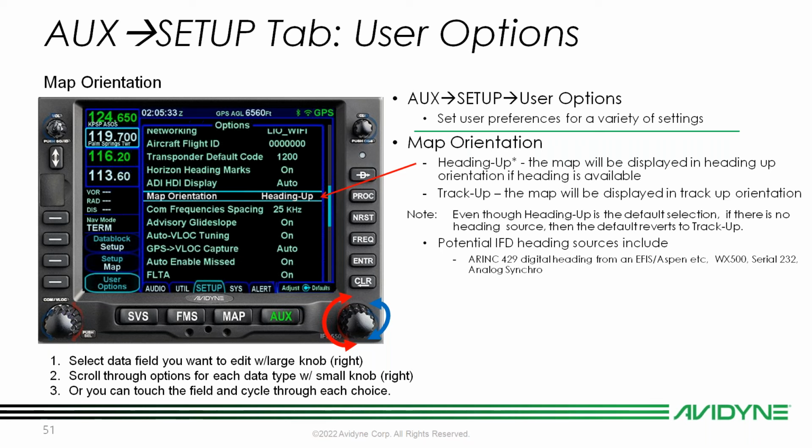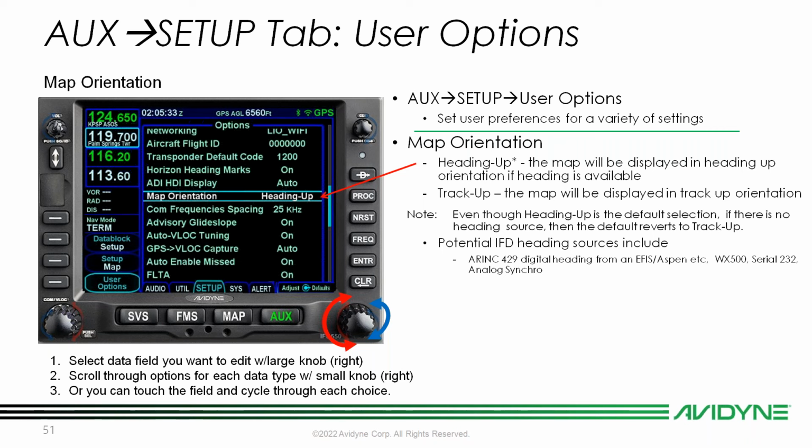You don't really change it here as much as you would change it in the map mode. So I hope that clears up some of that confusion. The best way that I could narrow that down and simplify it is: set it to heading up if you have a heading source. We can leave it at that. But if you don't, it's going to revert to track up. So not really too much we have to worry about here, but just keep that in mind.